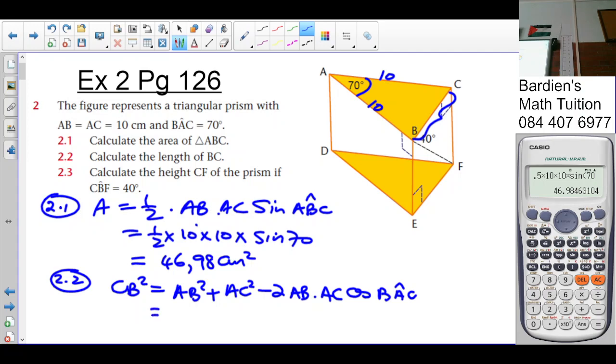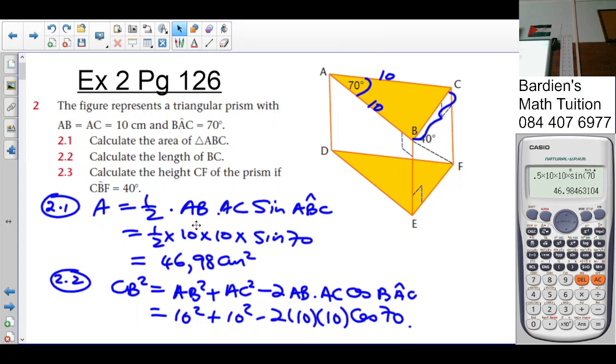So AB is 10, so it's 10 squared plus 10 squared minus 2 times 10 times 10 cos of angle 70. You put that on the calculator, and it is 131,59.